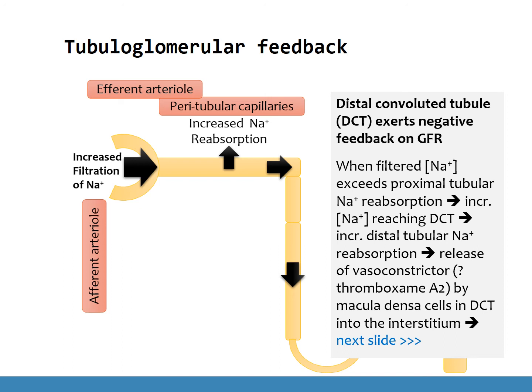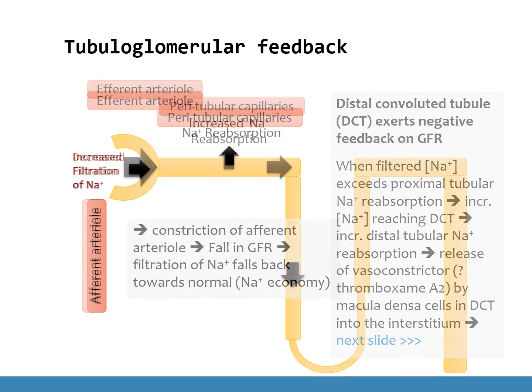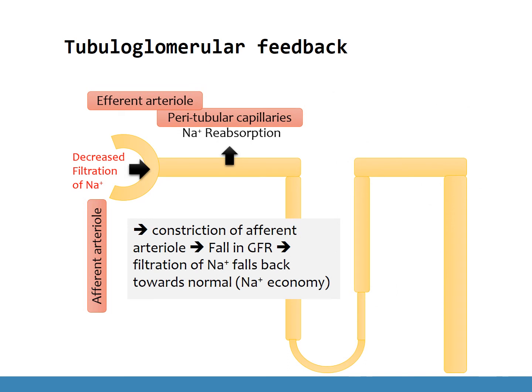If you remember, the distal tubule is very near to the glomerulus, forming the juxtaglomerular apparatus. Now, this distal tubule releases a local vasoconstrictor which will constrict the afferent arteriole. When the afferent arteriole gets constricted, GFR will drop and the filtration of sodium will also drop, coming back to normal. So again, using this mechanism, the kidneys can conserve sodium, they can reduce the GFR.